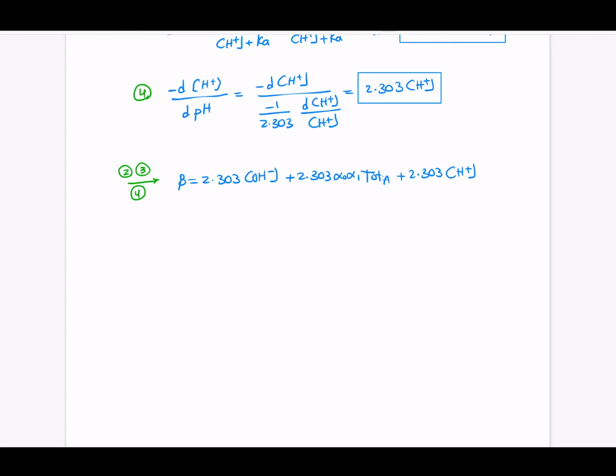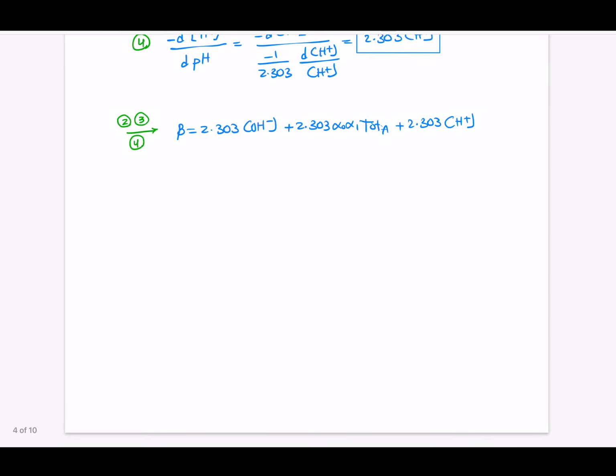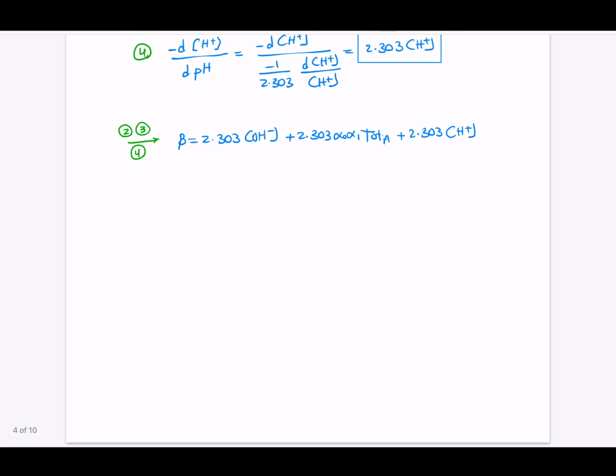Or we can rearrange it a little bit. 2.303 times OH minus plus H plus, plus 2.303 alpha 0, alpha 1 total.